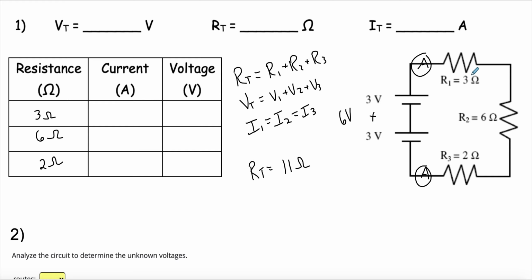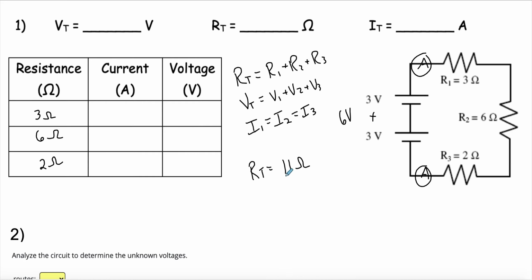But if I have this 3 ohm resistor and that has 6 volts going through, I can calculate the amperage here, which would also be the same here, which would also be the same here. But I need this total resistance in order to calculate the amps in the circuit.